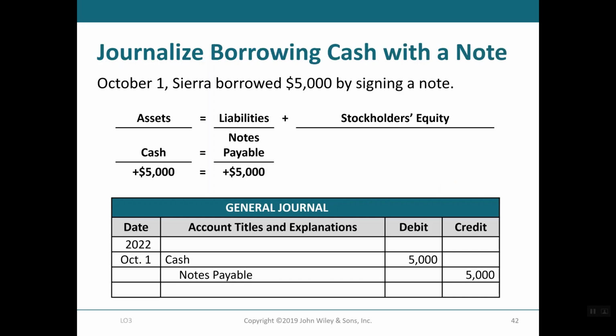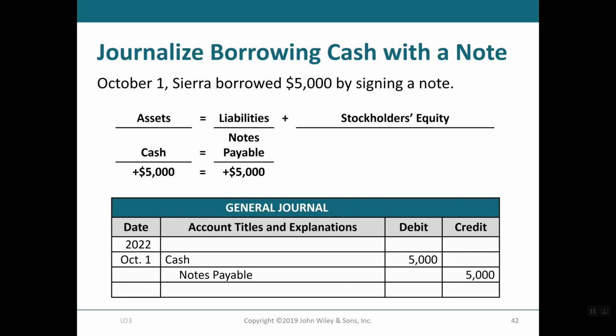All right. Also, October 1, Sierra borrowed 5,000 by signing a note, right? So when it signed the note, it borrowed 5,000. That was an increase in our cash of 5,000 and also an increase in the notes payable, which is a liability. Again, anytime you see a payable, you know that that is a liability.